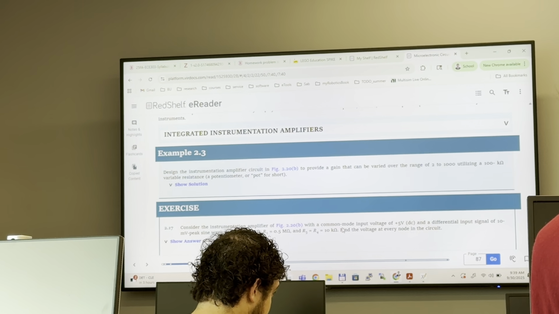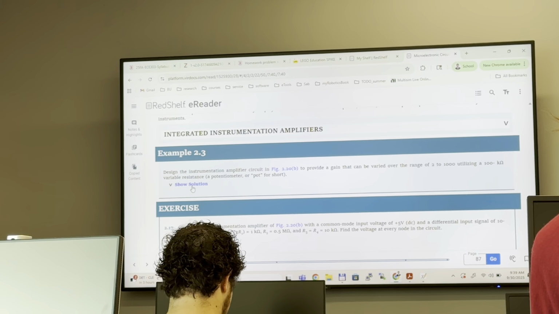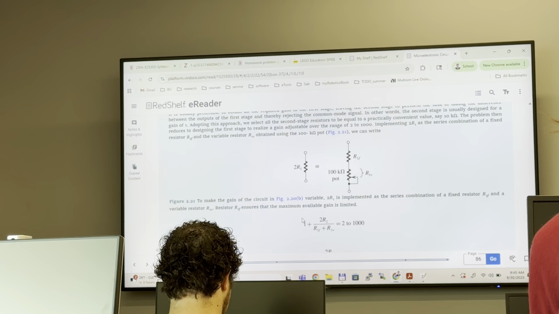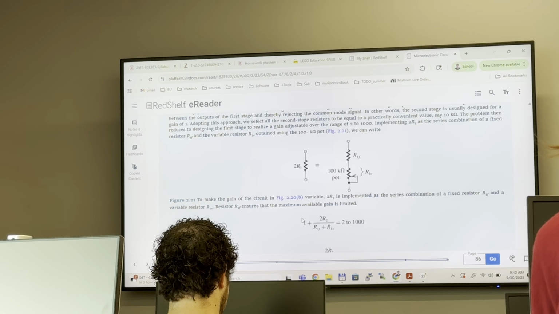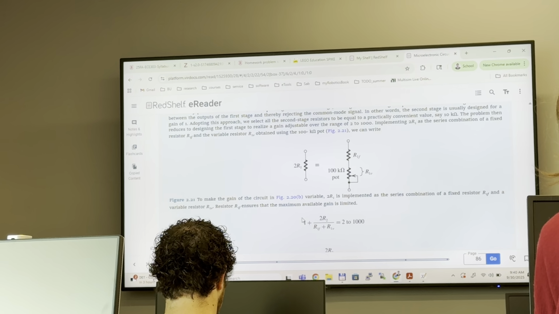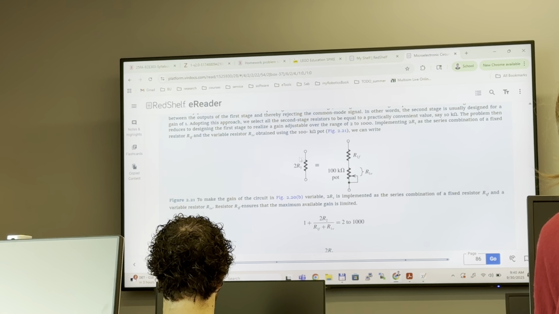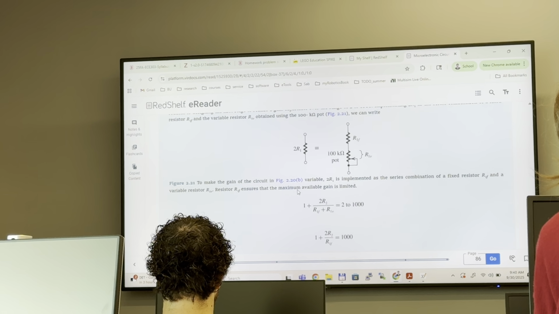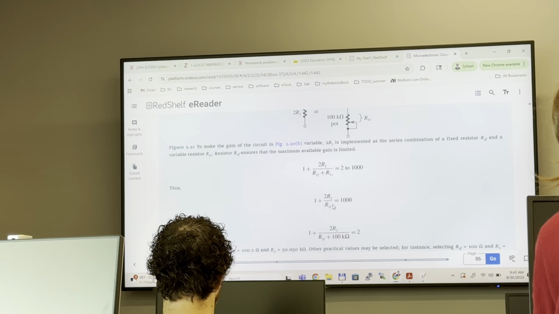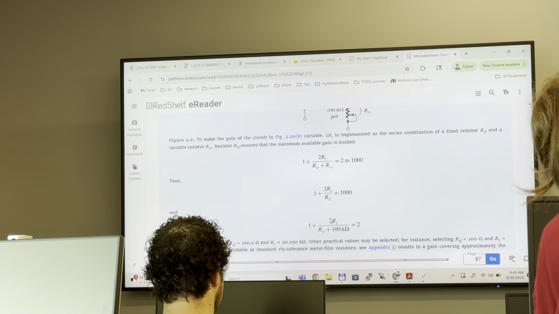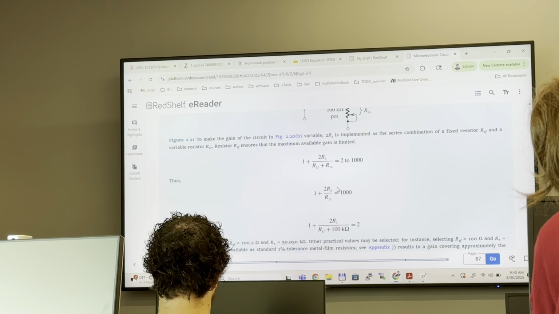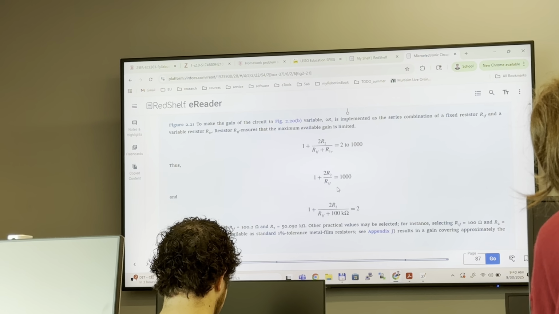Example 2.3 here, I'm very impressed with the solution. The author has nicely drawn figures of all the steps. These are just numerical calculations from the formula of difference amplifier.